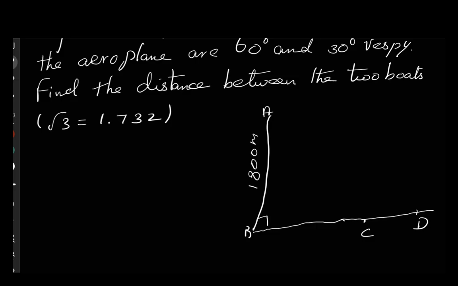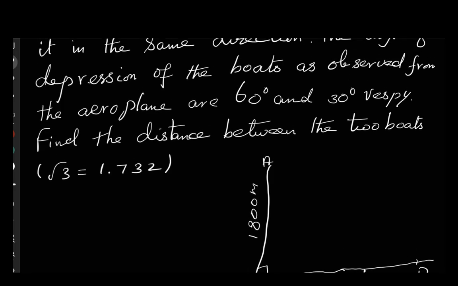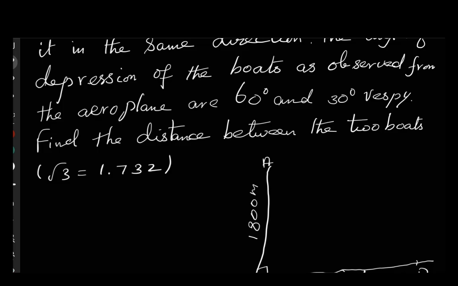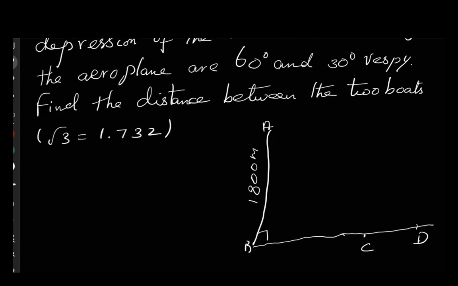So this is 90°. From the aeroplane, I observed the two boats whose angle of depression is 60° and 30°. This is the position of the aeroplane. Normal sight is this. So I have to see the two boats, so the depression is here.